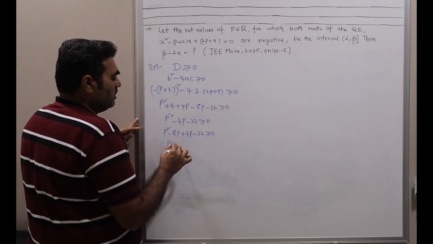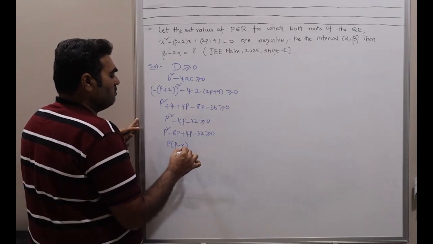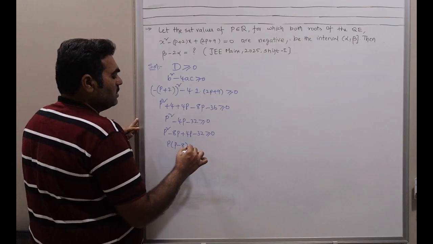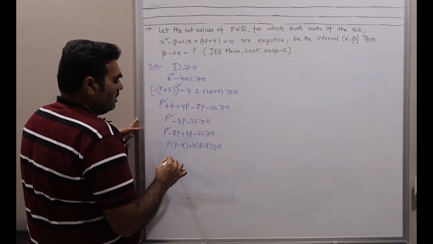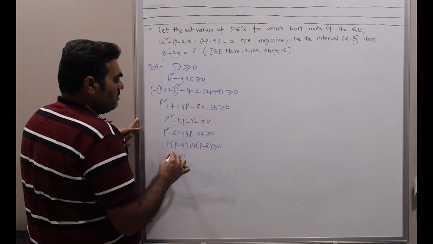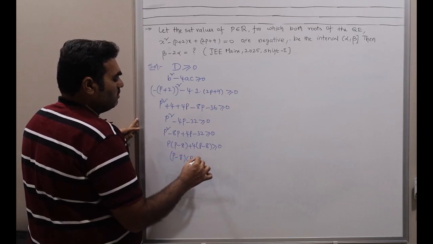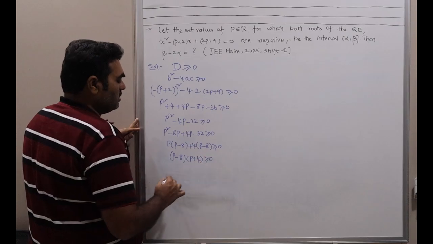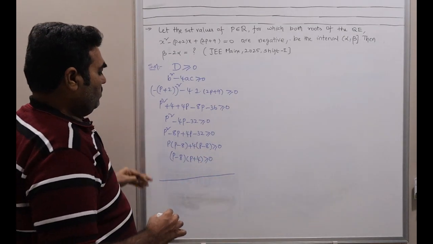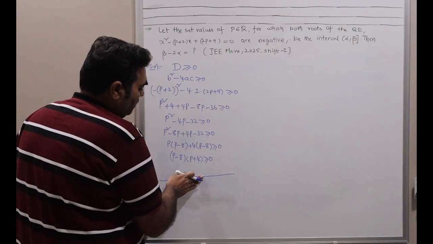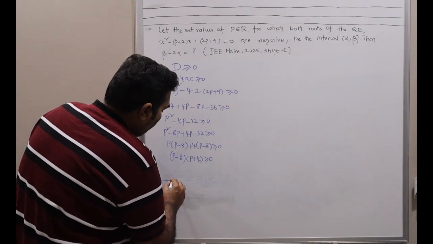Taking p common, p into (p minus 8) plus 4 into (p minus 8) is greater than or equal to 0. Now I can write this as (p minus 8) into (p plus 4) greater than or equal to 0. Now I can use the wavy curve method to derive the set.